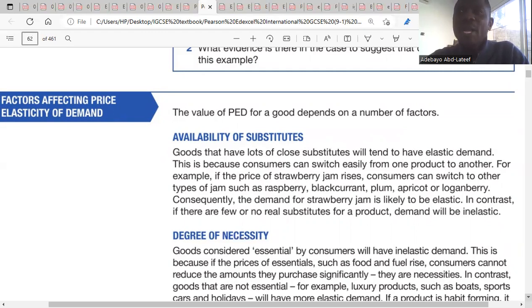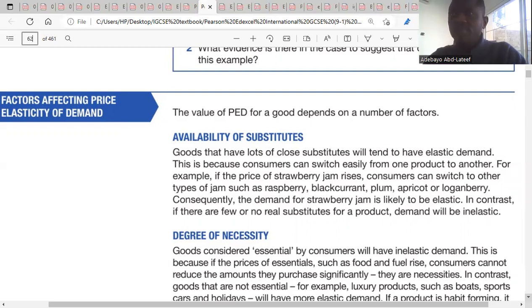They could switch to buy other products. So goods that have close substitutes, their demand is always price elastic. Consumers will be able to switch from the product that is high in price to one that is a bit lower in price.